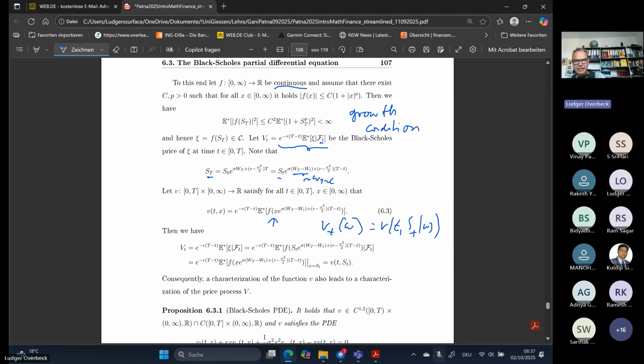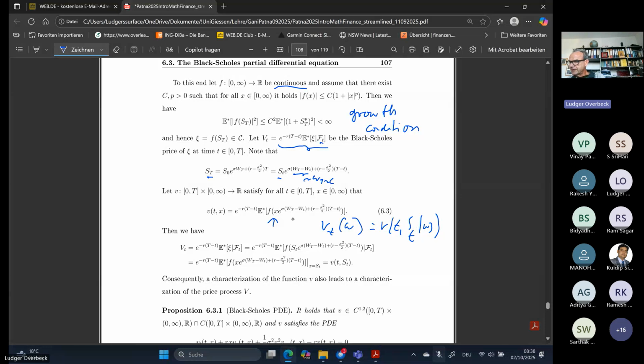In general, the conditional expectation given F_t might depend on all information you have up to time t, but because it's a Markov process, it depends only on the state at time t. This underlines the Markov property.